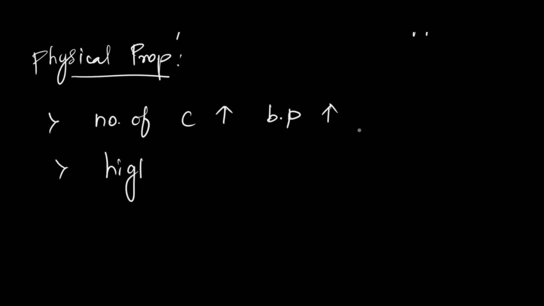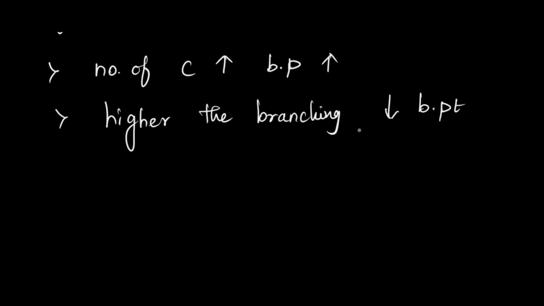The higher the branching, the lesser the boiling point, because the molecule occupies a smaller area. Say, for example, if I take hexane and compare it with 2,2-dimethylbutane, then the boiling point of 2,2-dimethylbutane will be lesser than that of hexane.